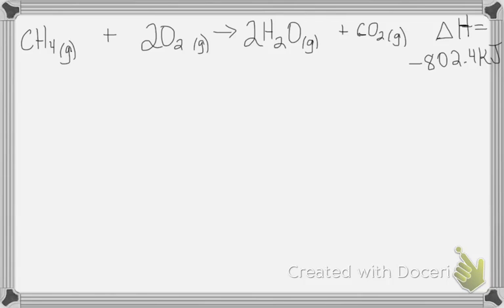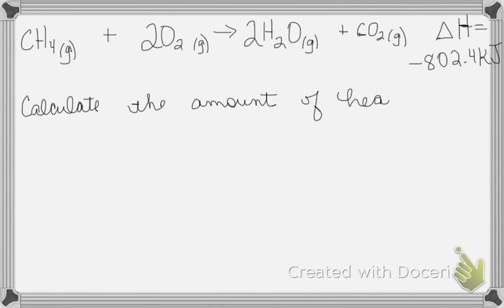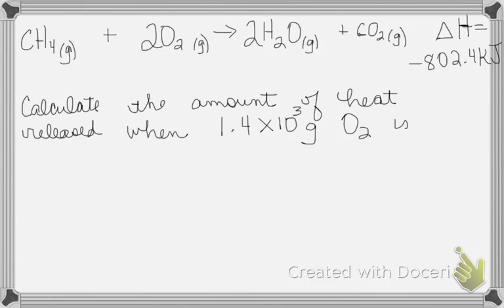Okay, so that's our balanced thermochemical equation for the combustion of methane. Let's calculate the amount of heat released when 1.4 times 10 to the 3 grams of oxygen is reacted.